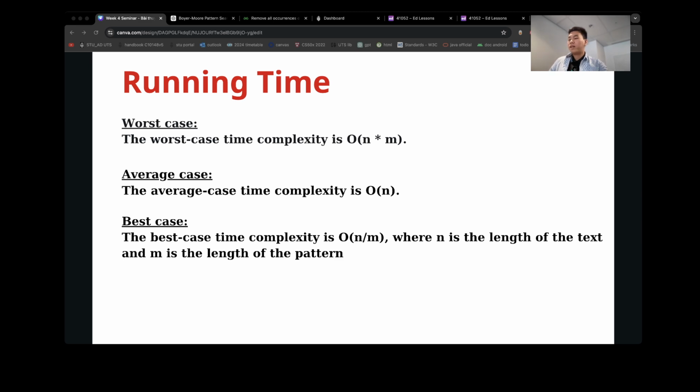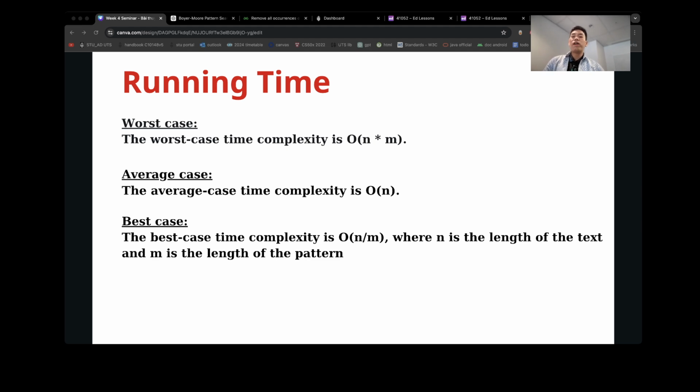And the running time. Although people often say that Boyer-Moore is a linear algorithm, actually it isn't. The worst-case time complexity is O of n times m, where n and m are the lengths of the text and the pattern.